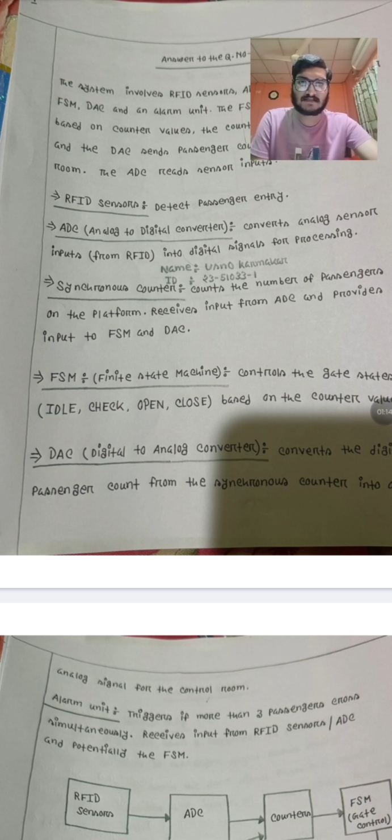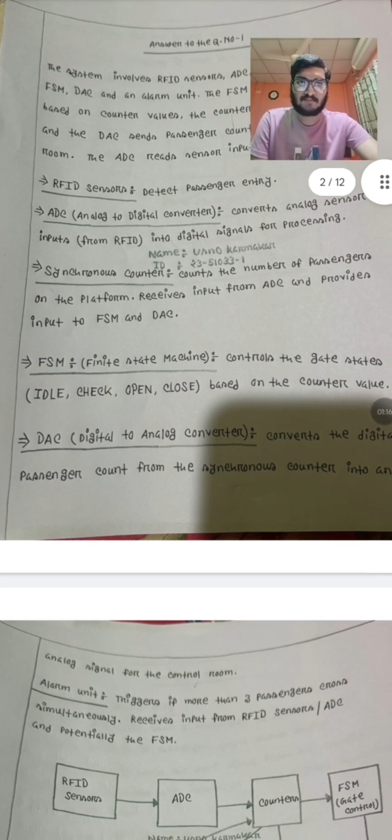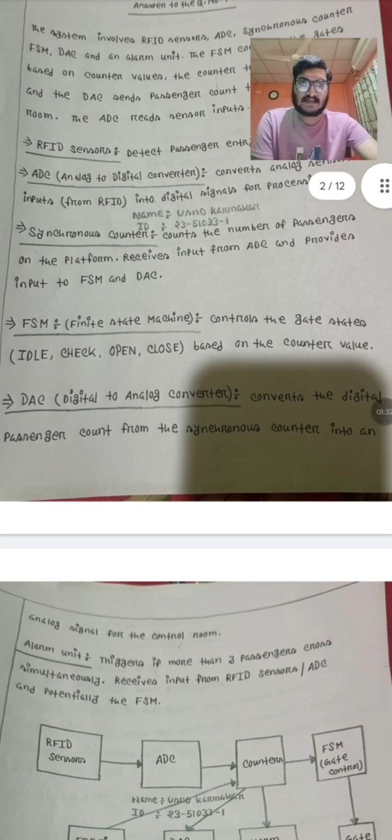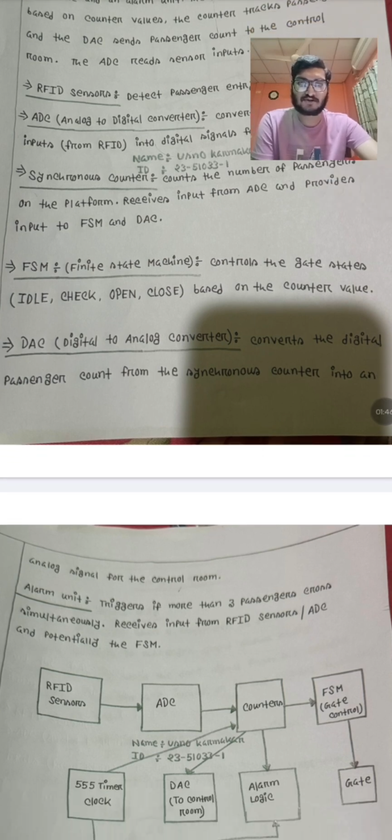Synchronous counter, it represents input from analog to digital converter and provides into finite state machine and digital to analog converter. Finite state machine, it represents and gets state based on the counter value, and digital to analog converter, it represents passenger count from the synchronous counter into an analog signal for the control room.